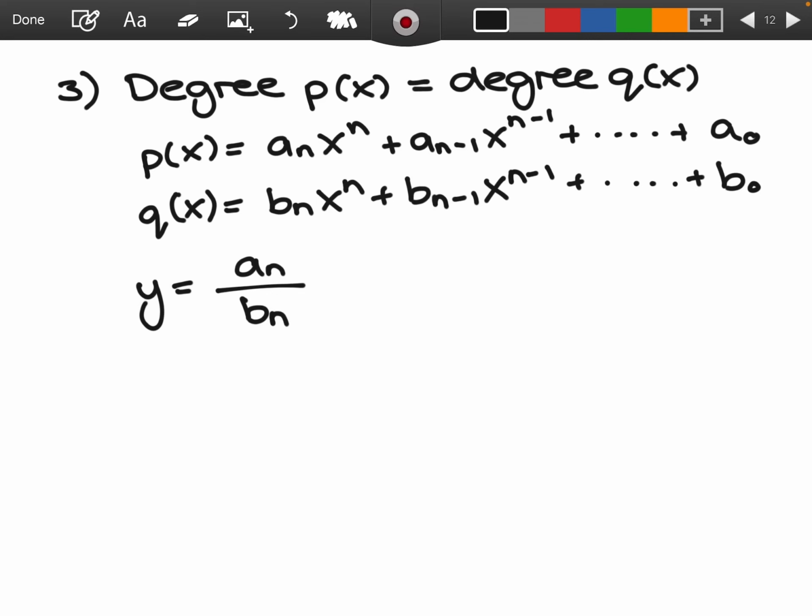So a_n, which is the leading coefficient in P of x, it's that coefficient of x to the n, where n is the highest power. a_n is your numerator, and b_n, the leading coefficient for Q of x, is your denominator. So y is equal to a_n over b_n is the horizontal asymptote.